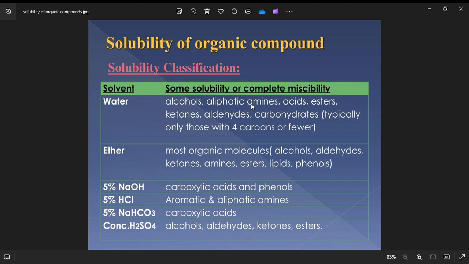For whichever one you are given, you should get yourself acquainted with what can dissolve in what. So this screen you are seeing is just summarizing everything that is in the manual under experiment 8.